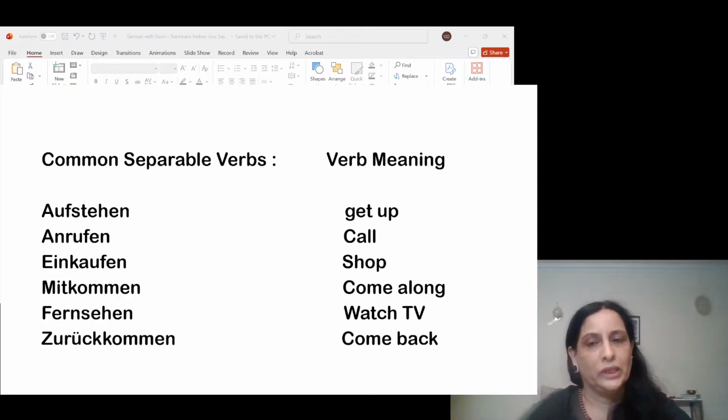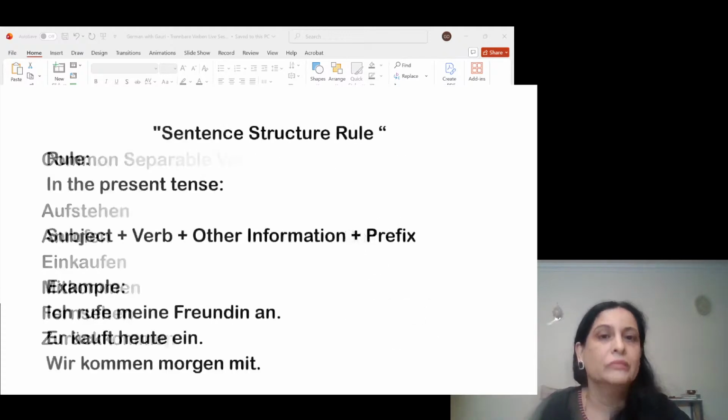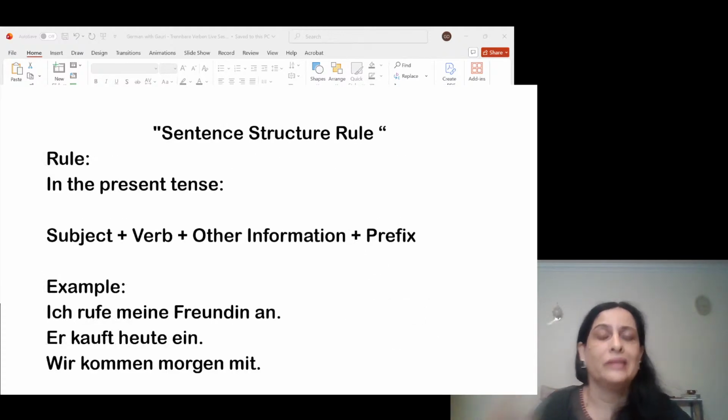Mitkommen, come along. Fernsehen, watch TV. And zurückkommen is to come back. These are the most common separable verbs, right? Now we'll see examples with these separable verbs, how to use them in a sentence.